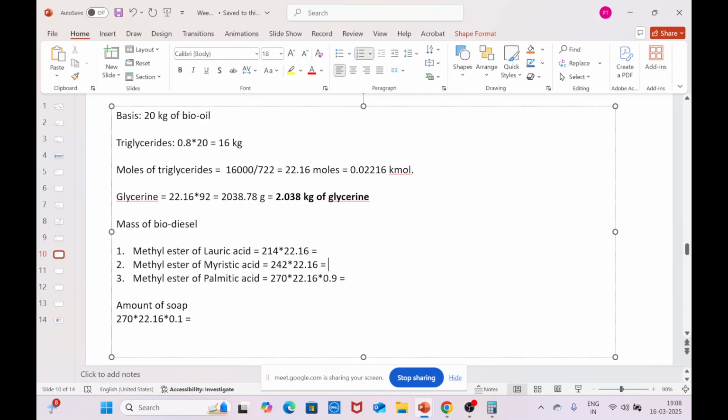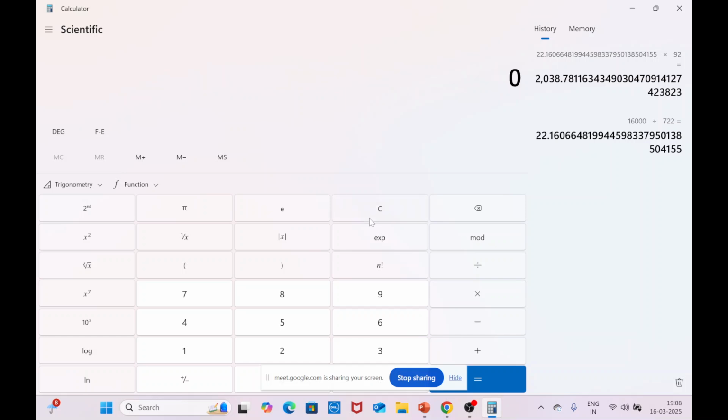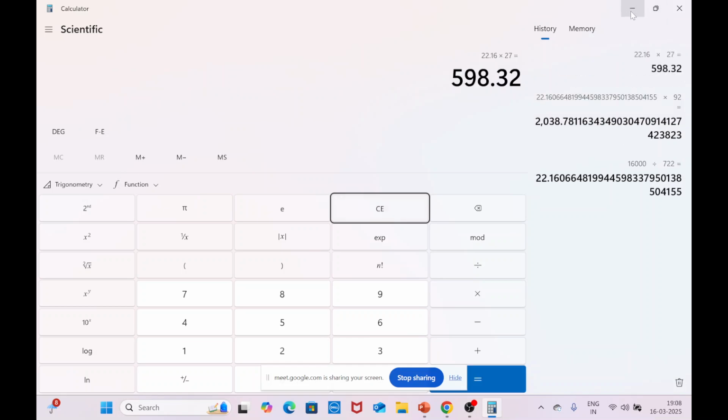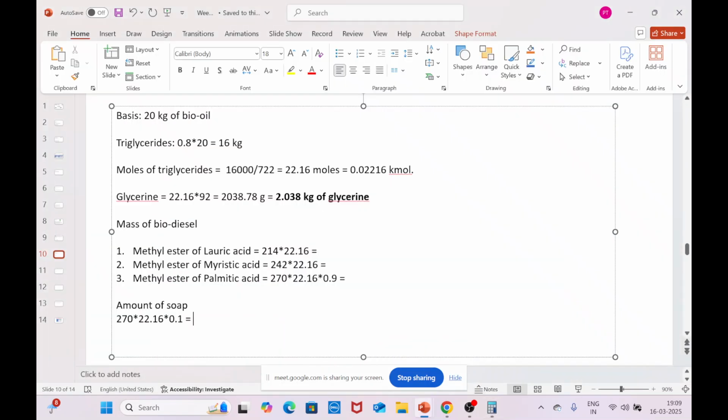So what will be the total mass of biodiesel and soap here? So it's 27 times 22.16, 598.32 grams.